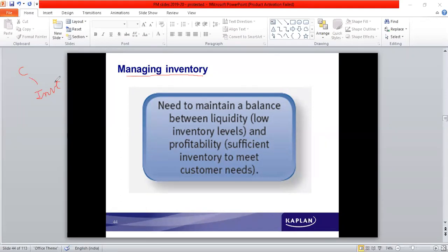One important reason. When material is purchased in bulk, discounts also can be availed. That's another reason. Additional material more than whatever is to be produced, additional material is also purchased because anticipating that or kind of providing it as a cushion in case if the demand for the product suddenly increases.